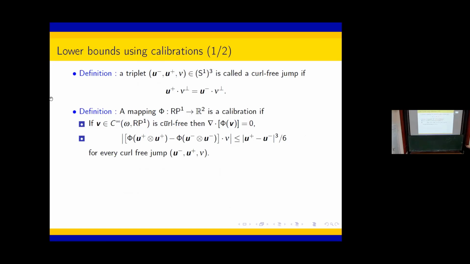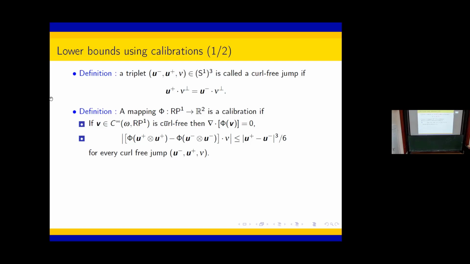So I use calibration. I consider a triplet of a free jump, so I go from u minus to u plus, with this condition: there is no jump in the direction orthogonal to nu. So nu is the normal, and this is a tangent to the jump.